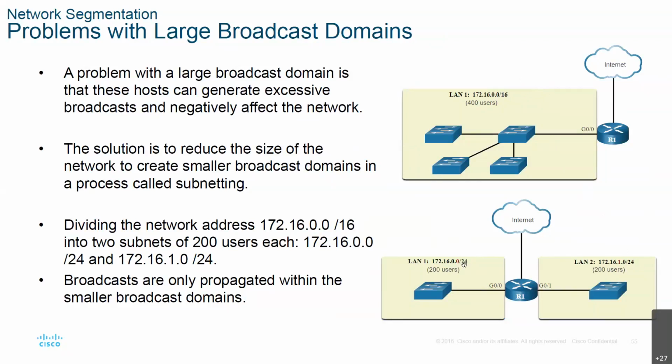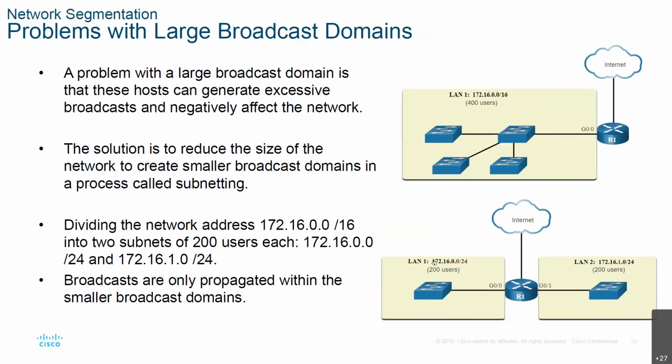So now I have 8 host bits for this network, 8 host bits for this network. In other words, over here you have 16 bits for the network portion, 16 bits for the host portion. Now that host portion of 16, I've divided into 2 parts, 8 bits here, 8 bits here. So this is one subnet, this is another subnet.